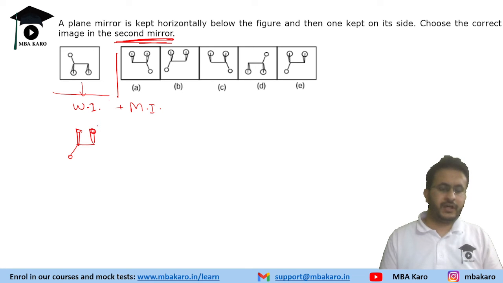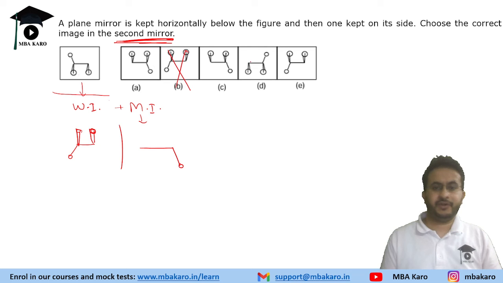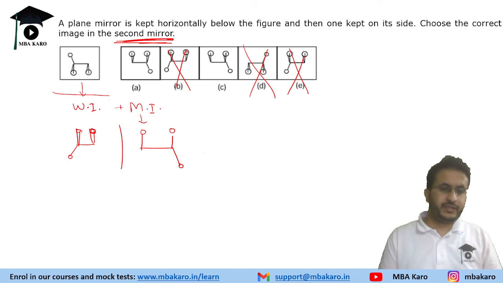Now the second mirror is here. First mirror is there, giving the water image. Now we will find the mirror image of this. The head will face this direction, so we can eliminate some of the options. Now we have to see the legs. If you notice, there is one straight line to the center, and then one line was going from left to right.